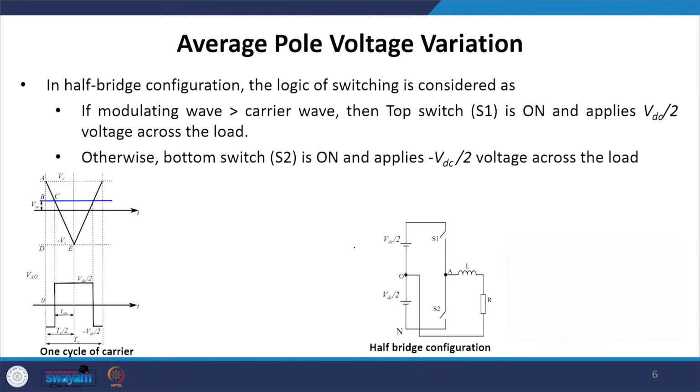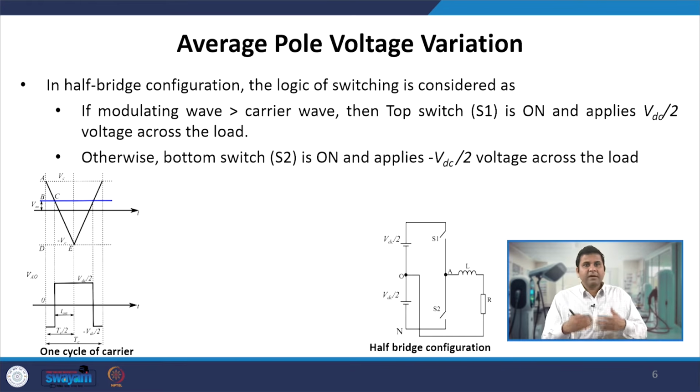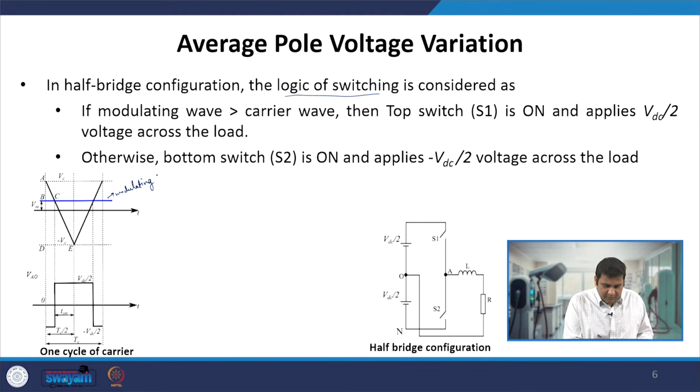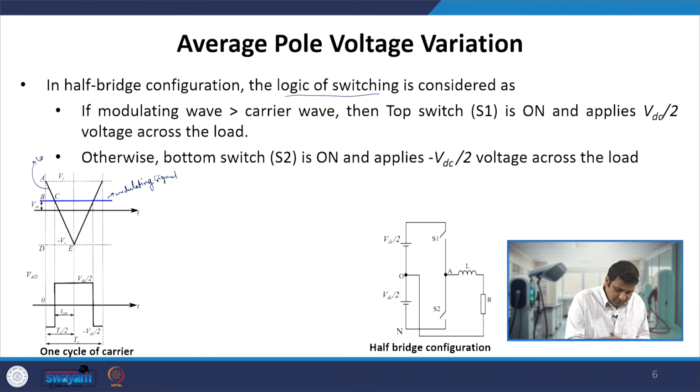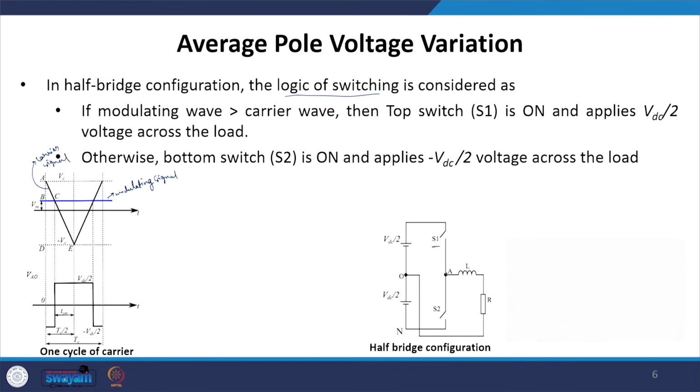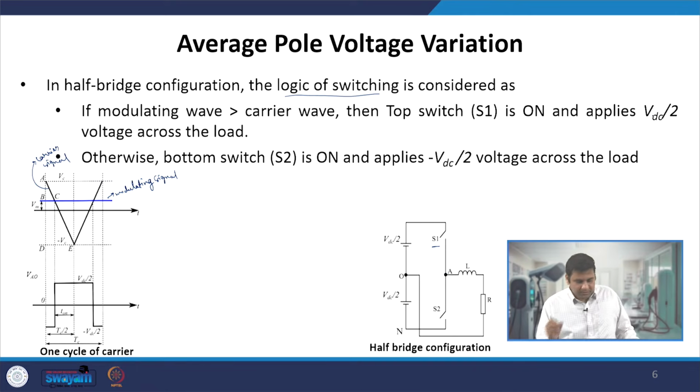In this particular method, the switching logic is: if my modulating signal is greater than the carrier signal, then I turn on the top switch S1, and when S1 is on, we apply VDC by 2 across the load, so the pole voltage of this half bridge is VDC by 2.